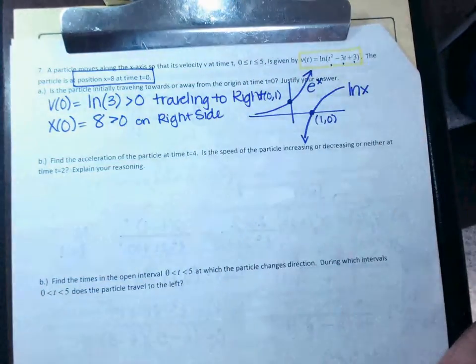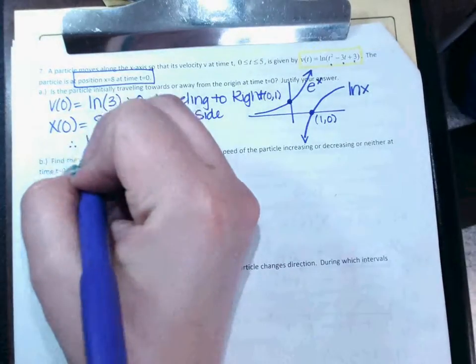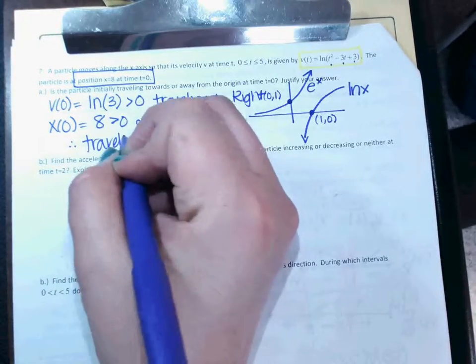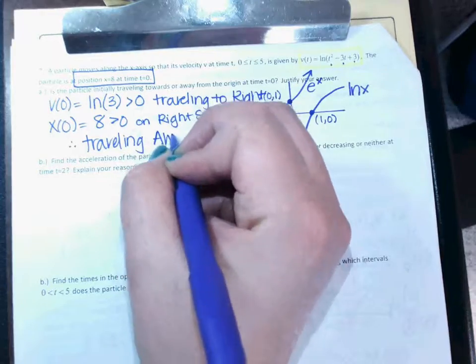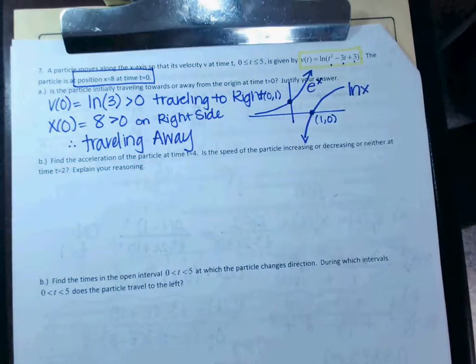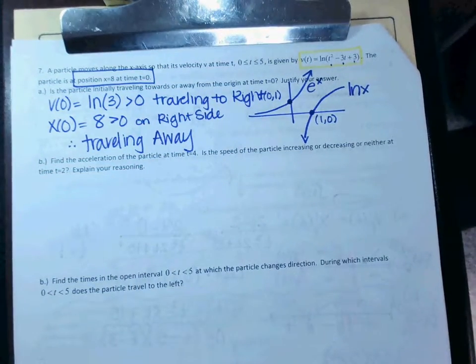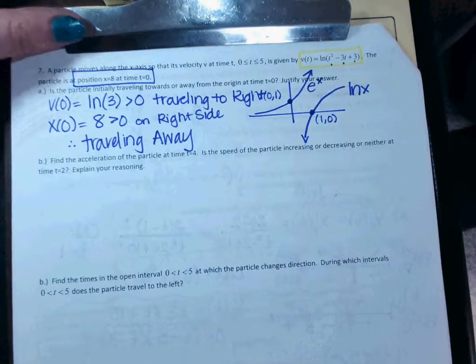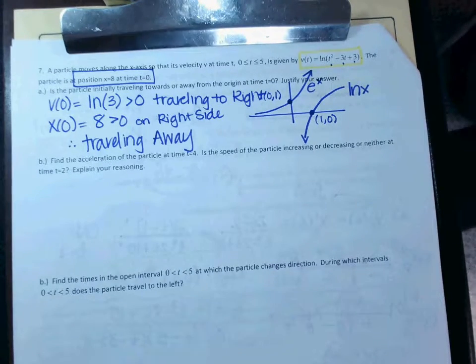Towards or away? Traveling away. Good job. Make sense? And now on the ln thing, there's not a good chance that you'll have to know that, but they've done it a couple times. Okay, part B, find the acceleration at time 4.